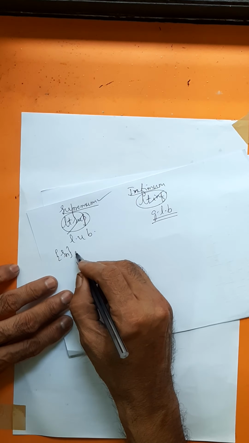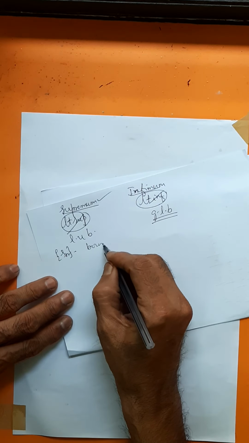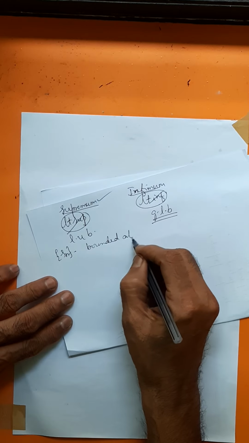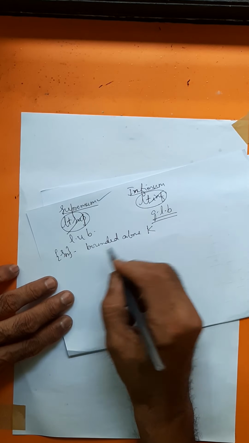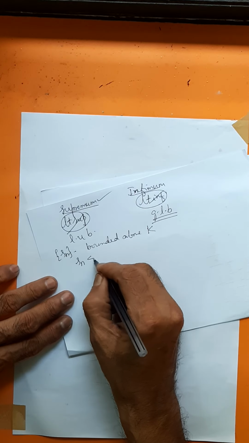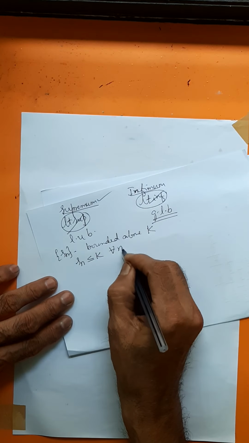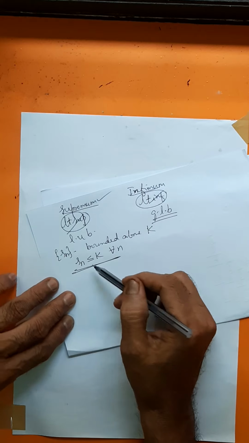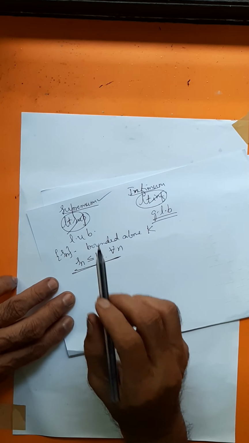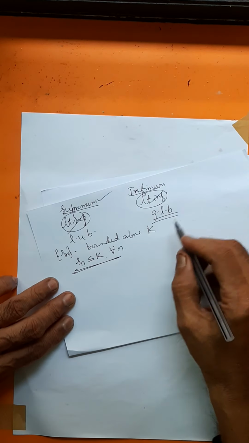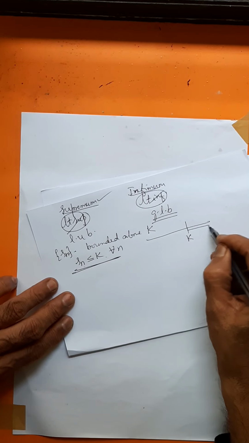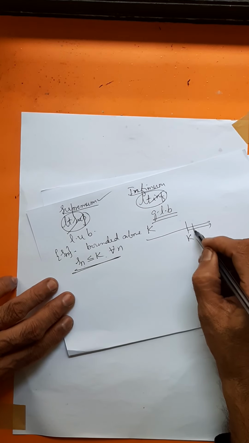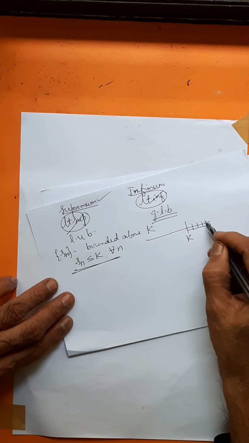A sequence Sn is said to be bounded above by a number, say m or k, if every term of the sequence is less than or equal to k. Then the sequence is bounded above. k is an upper bound. Any value to the right of k is also an upper bound: k plus 1, a fraction, anything.